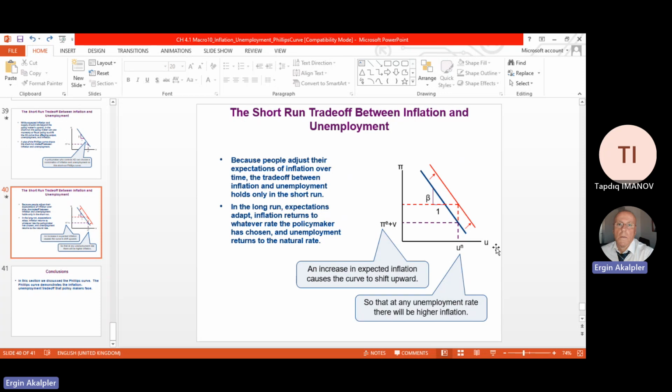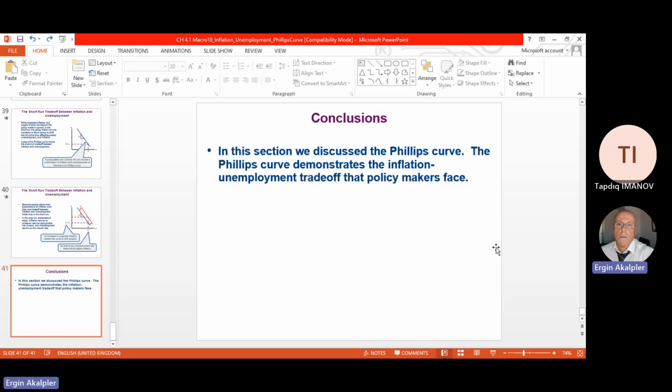An increase in expected inflation causes the curve to shift upward, so at any unemployment rate there will be higher inflation. This means that as inflation in the short run goes up, the unemployment rate will become smaller, as long as the minimum wage is reasonable and sufficient for the employee.